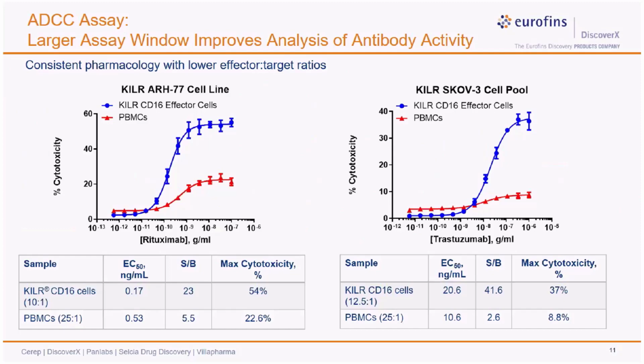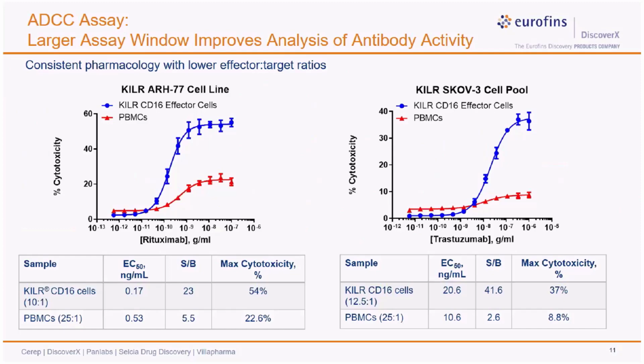What we typically use for PBMCs is a 25:1 effector to target cell ratio, which we have reduced to 10:1 for Killer CD16 effector cells. Yet we see roughly a 5-fold increase in signal to background, and a 2-fold increase in the max cytotoxicity relative to PBMCs, while the change in EC50 is quite small, thus keeping the pharmacology consistent.